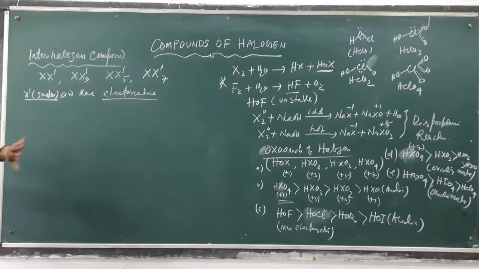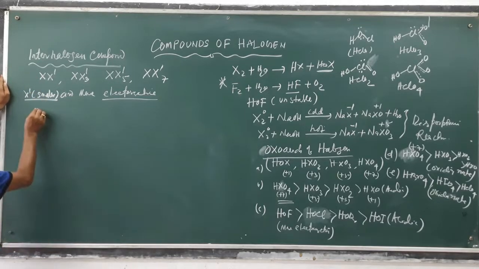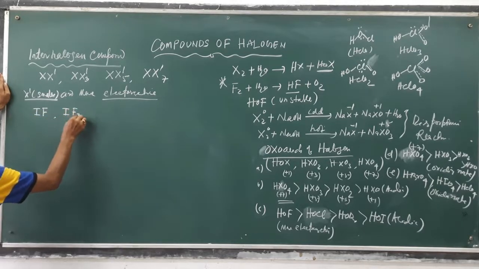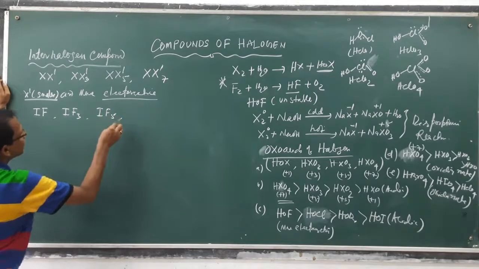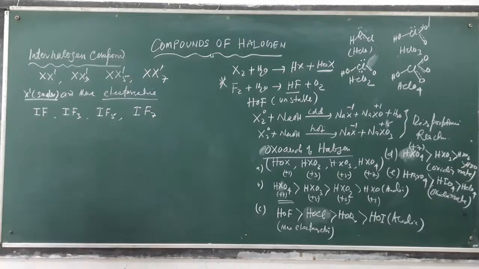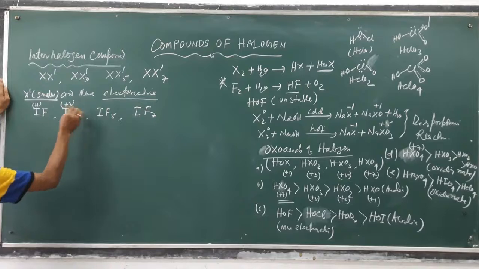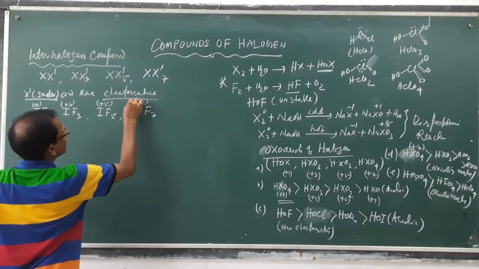That means if you see the example, taking iodine: IF3, IF5, IF7. Here the oxidation state is plus 1, plus 3, plus 5, plus 7.